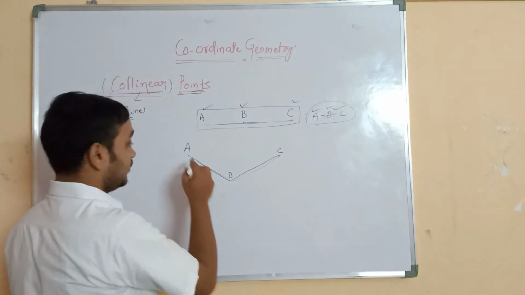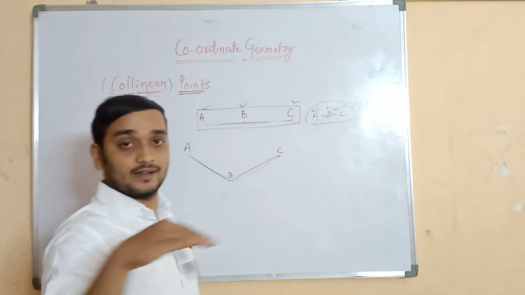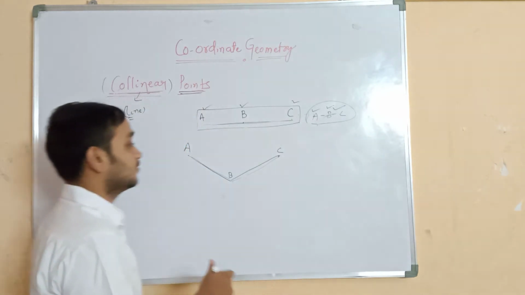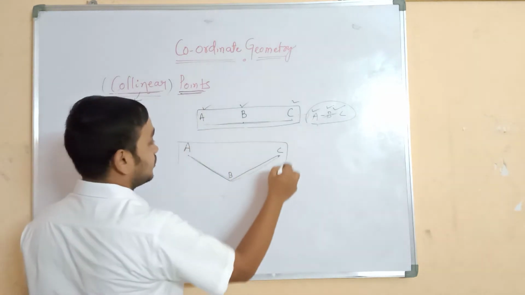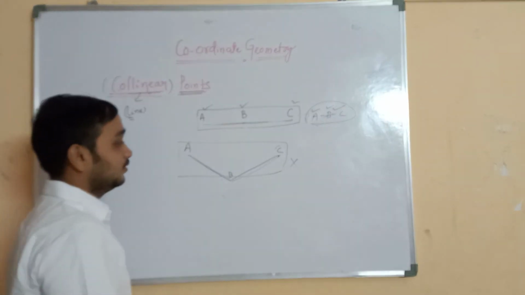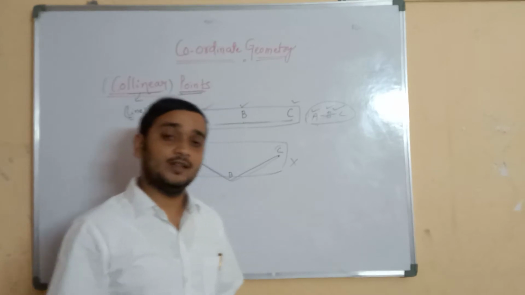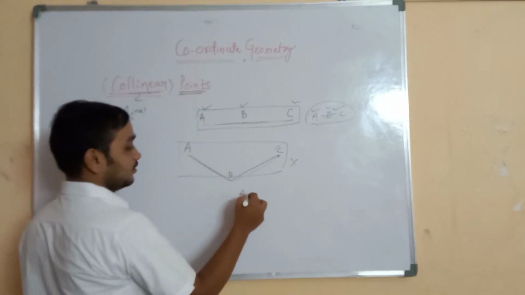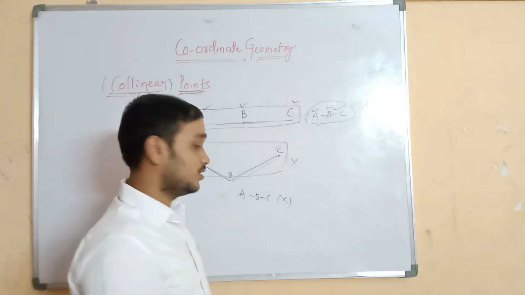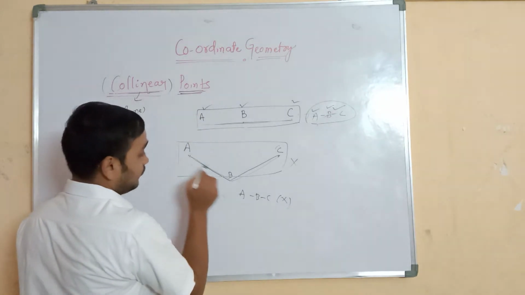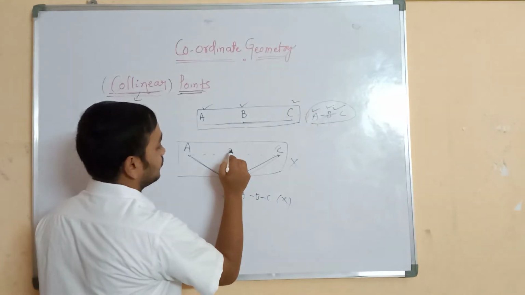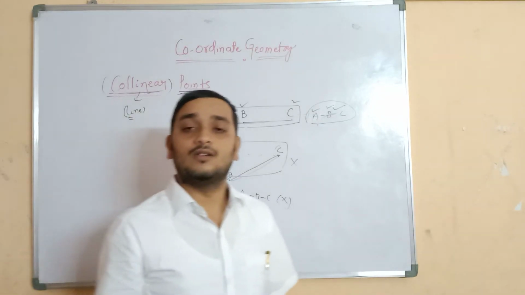So that's why we cannot say that these 3 points are collinear. We can't write this, because if this B is here, then we can say that this is collinear.